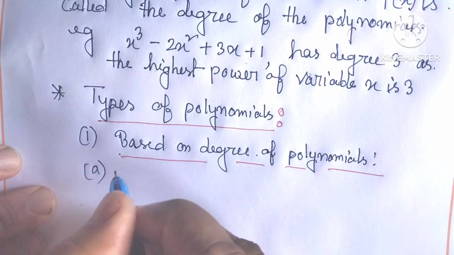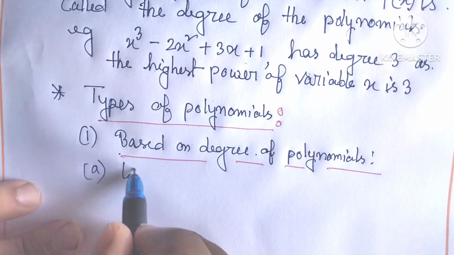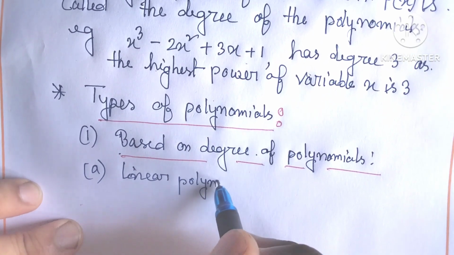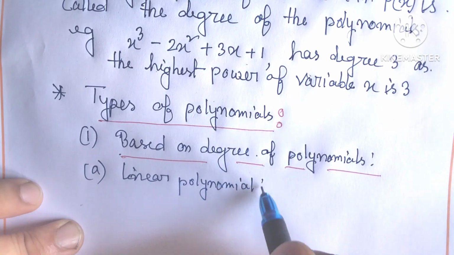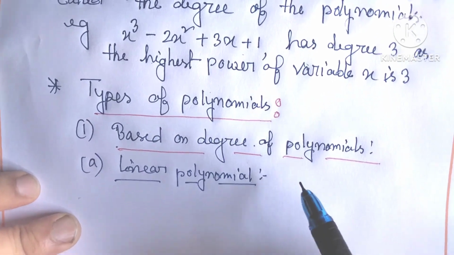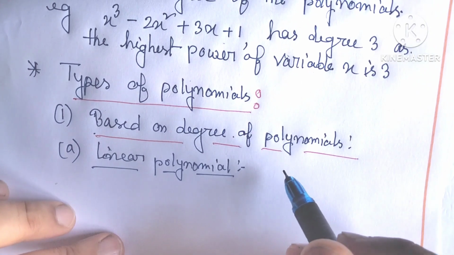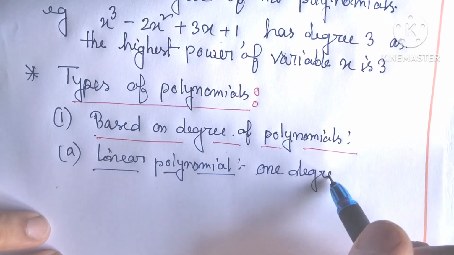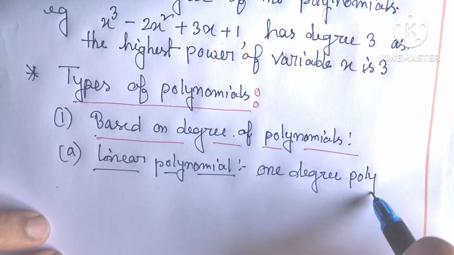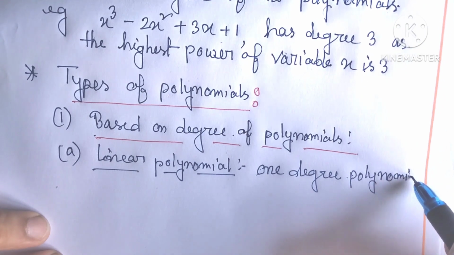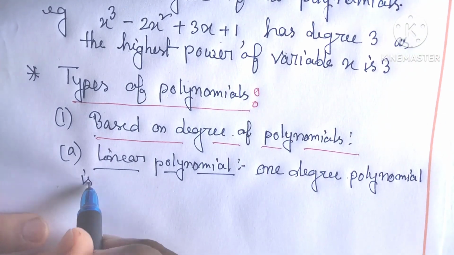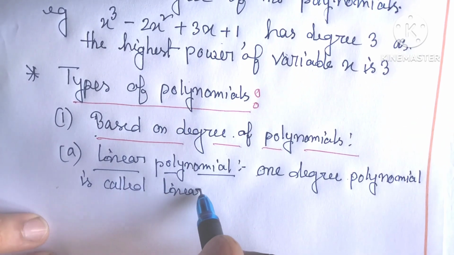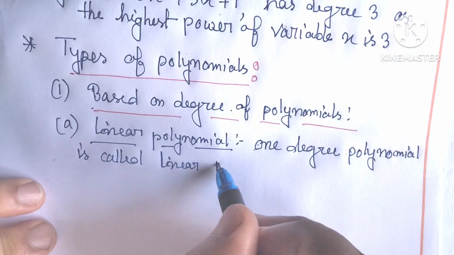First, linear polynomial. Linear means a 1 degree polynomial. A 1 degree polynomial is called a linear polynomial.